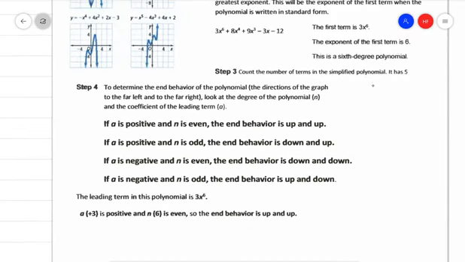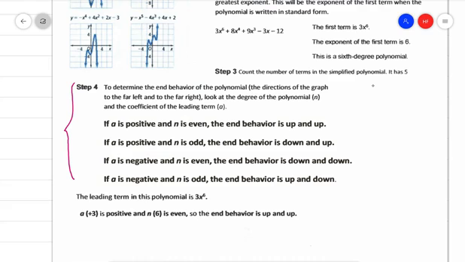So then this is what is new today. Step 4 is determining the end behavior of the polynomial. So it's going to tell me if it's going to be pointing up, pointing down, on the left, and on the right. And we get that based on the degree of the polynomial.